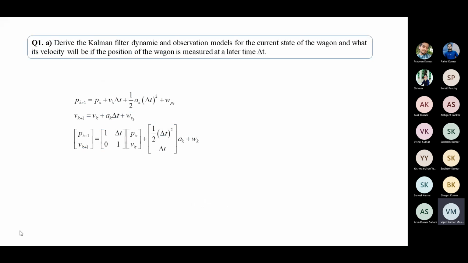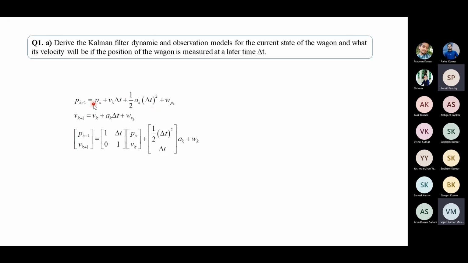Simply, if you have to calculate the position at k plus 1, what can you write? Position at k plus vt plus half at square, isn't it? X1 equal to x naught plus vt plus half at square. Simple motion equation. Is it clear? Yes, sir.